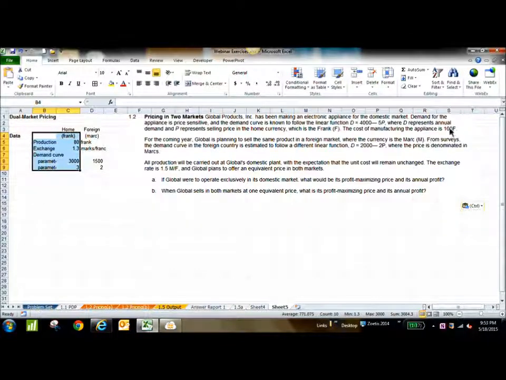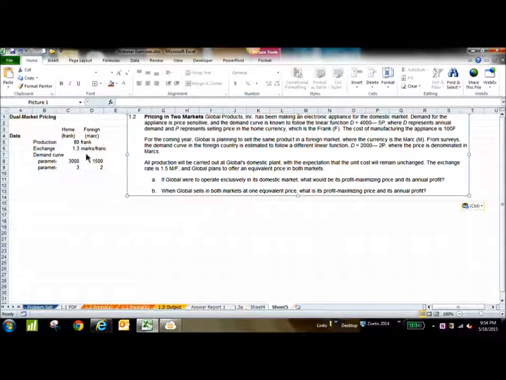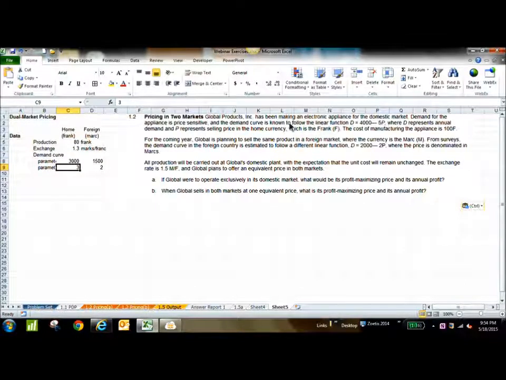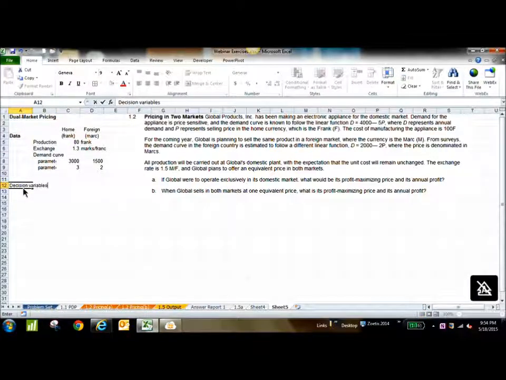I changed the values, so just so you don't see the correct answers. 3,000, 4,000, 3, 5, 1,500, 2,000, 2, 2. Same thing. 80 francs, 100 francs. Exchange rate, just slightly different. And now we do the same exact thing again. Decision variables, objective function, constraints.